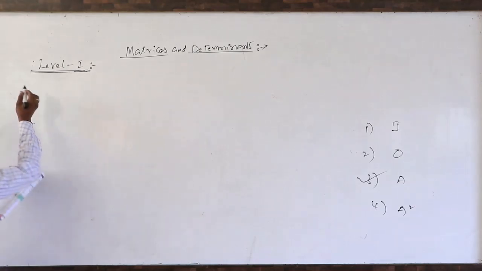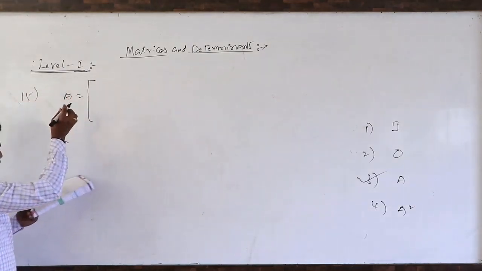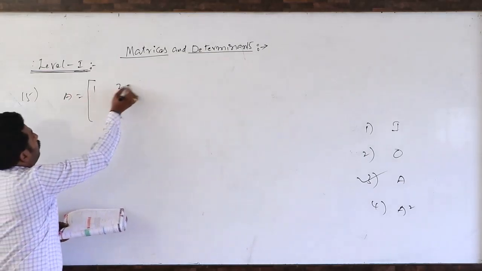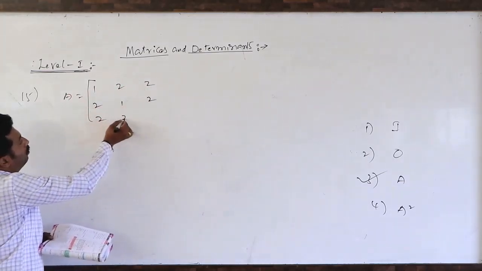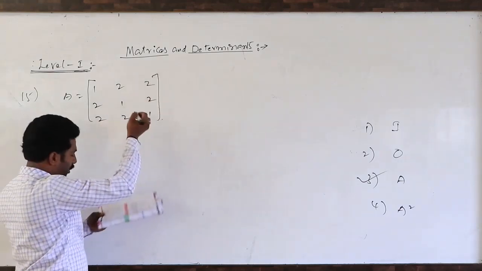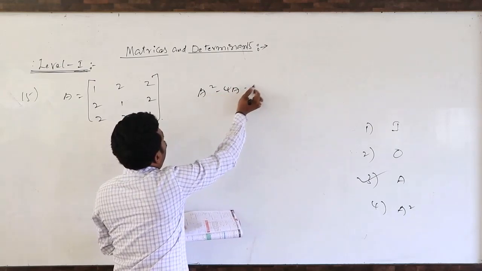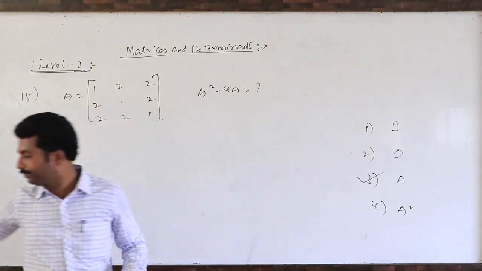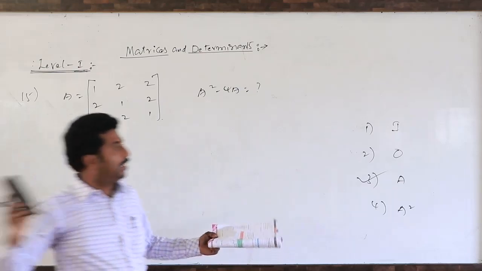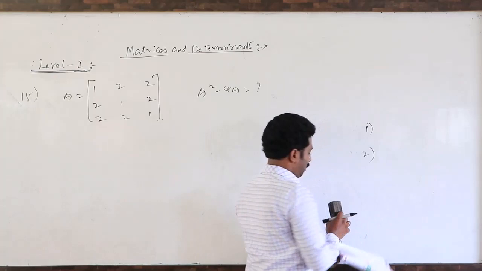If A equals the matrix [1, 2, 2; 2, 1, 2; 2, 2, 1], then they are asking A squared minus 4A. How are they giving the options?